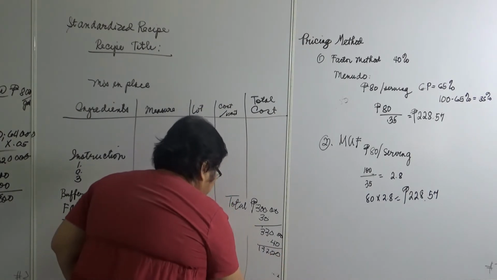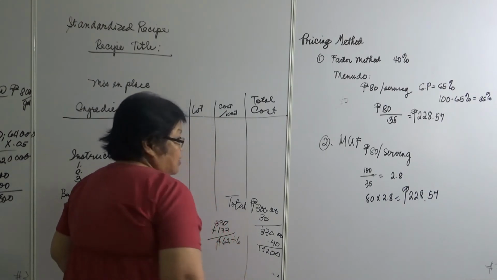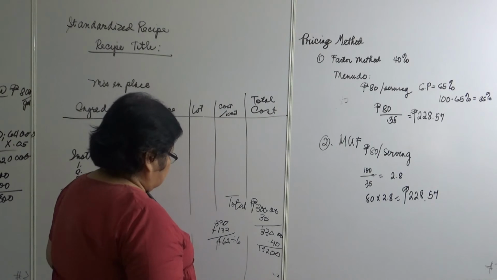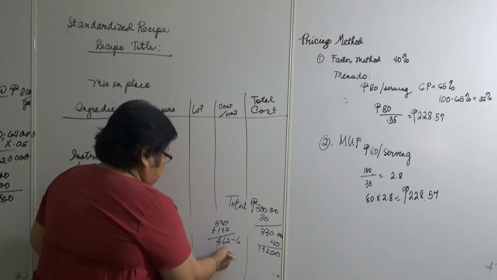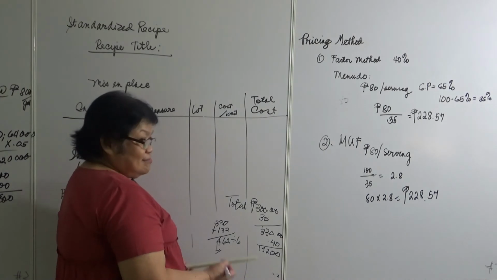So 330 plus 132 is 462 divided by 6 servings, no? Since we started for the chicken adobo. And that would be your cost per serving. Alright?